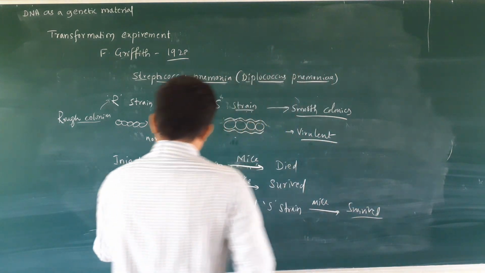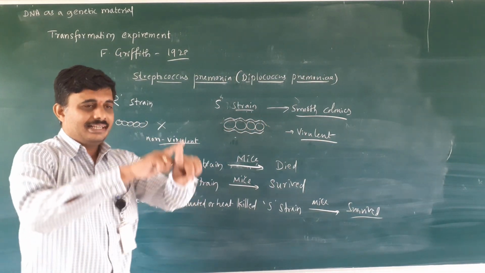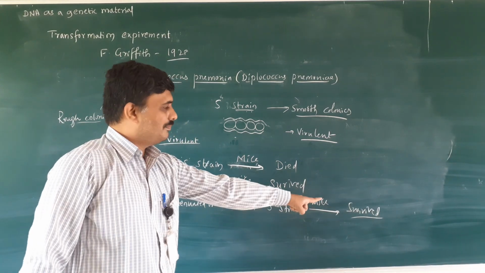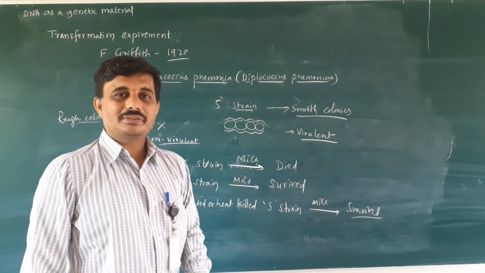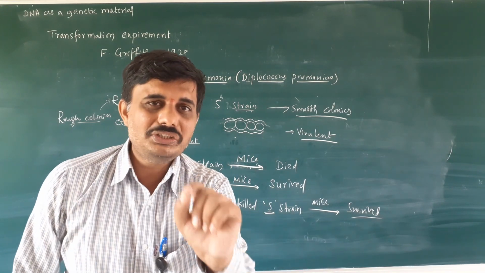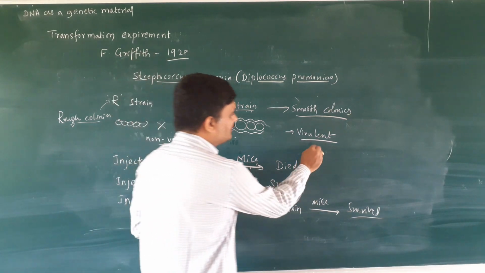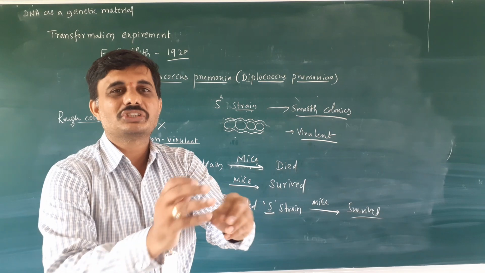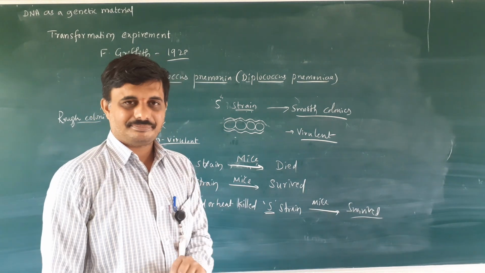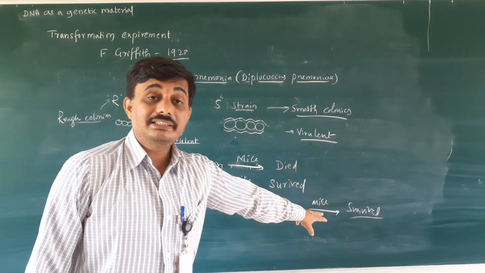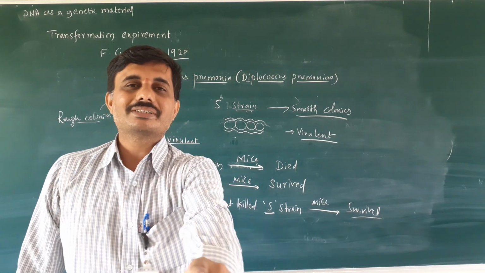So when he injected the attenuated, heat-killed S strain into the mice, they survived, because the S strain lost the capacity of infection, it lost the capacity of virulence. The mucopolysaccharide is lost because of the heat. When heat-killed or attenuated S strain is injected into the mice, they survive.